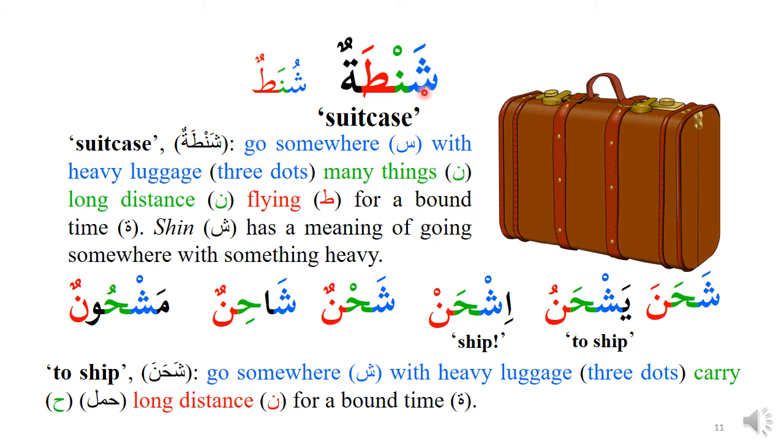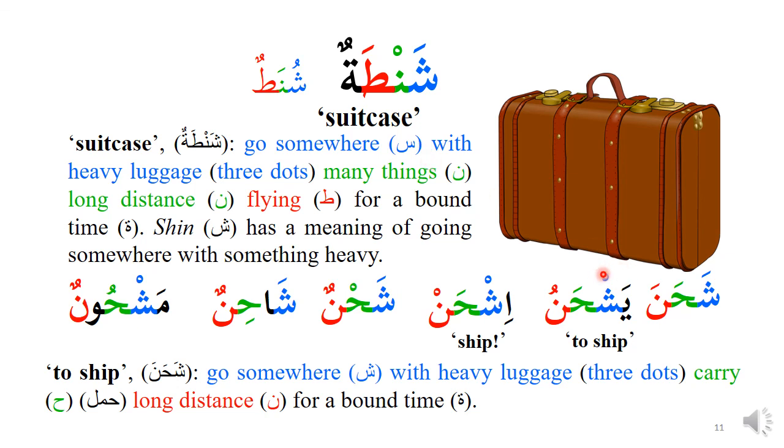Here you can see the sheen, which has a seen here, means sara, to go somewhere, and three dots would mean something heavy, and noon is long distance, and tara means to fly with an airplane, and for a bound time. So you see the concept of a suitcase is something heavier which you need to carry with you. So when you are flying out, you carry it with you for long distance travel with the noon.